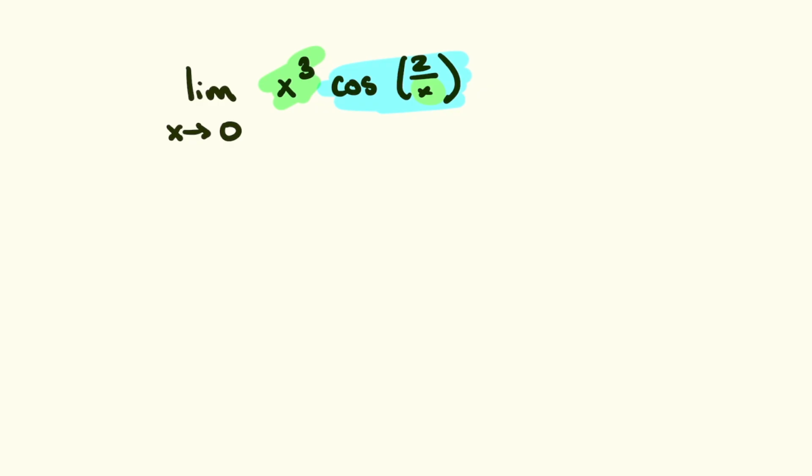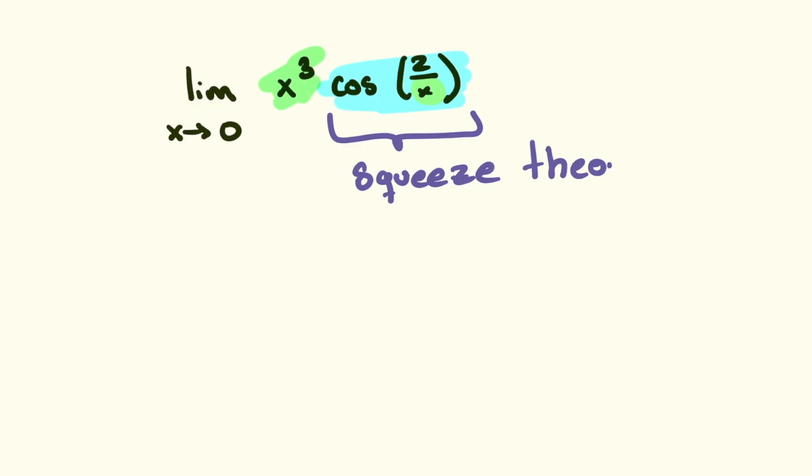Whenever you have a trig function inside of a limit, it should signal one thing to you: squeeze theorem. So it's not always going to be a solution to have the squeeze theorem, but a lot of times it is. And so in this case, that's exactly what we're going to do.